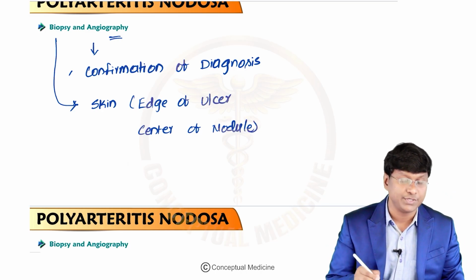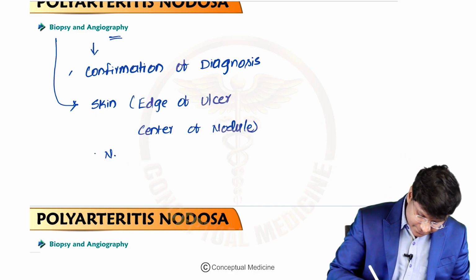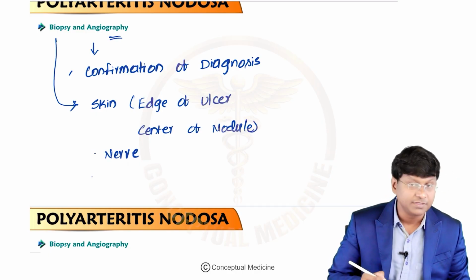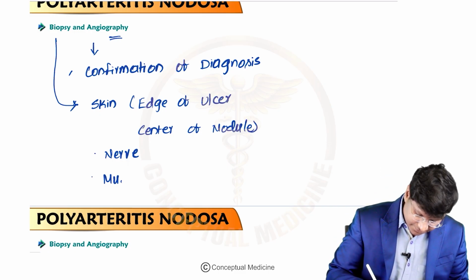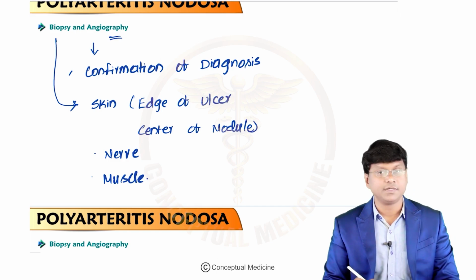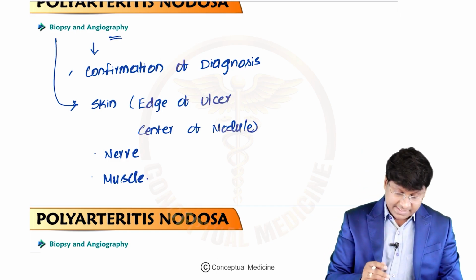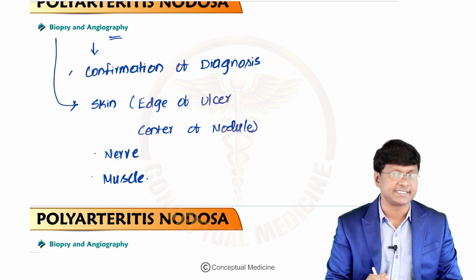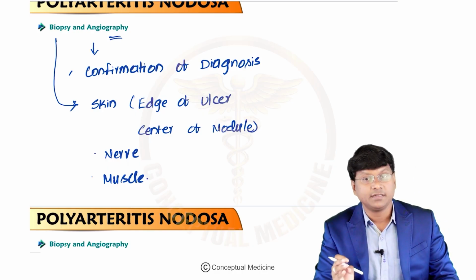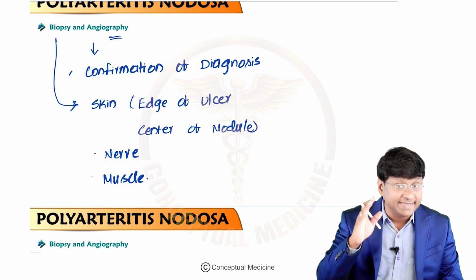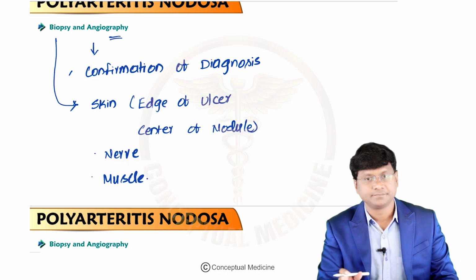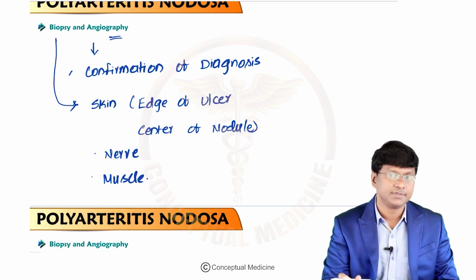And the other sites where you can take the biopsy are within the nerve or muscle. See, when you are taking the biopsies from the affected sites, that is skin, nerve or muscle, they have sensitivities of approximately up to 70%, okay?